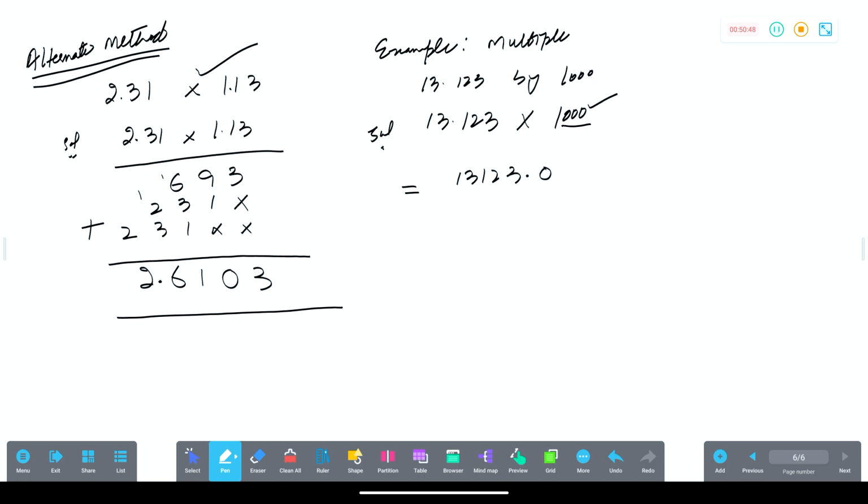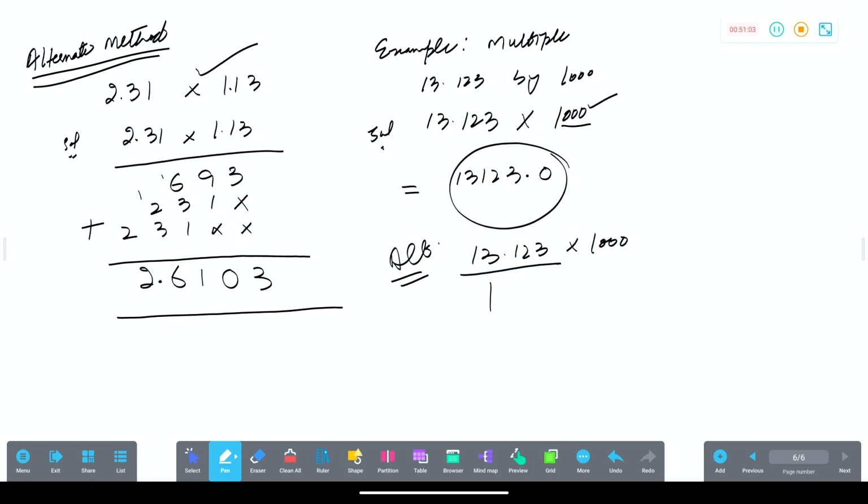Now, if you didn't get it, how will we do it by the alternate method? Alternately, we will write 13.123 times 1000. Now, convert this into a decimal fraction. 1 is the denominator of every number. Cancel the decimal point. How many digits after that? 1, 2, 3. 3 zeros will come down. It will be 13123 by 1000 times 1000.